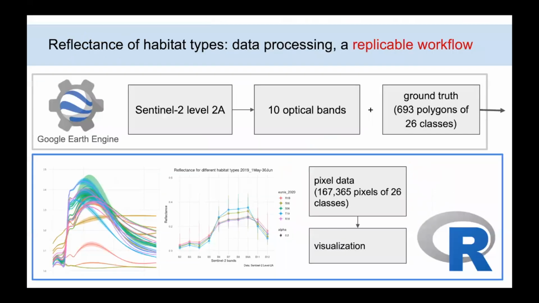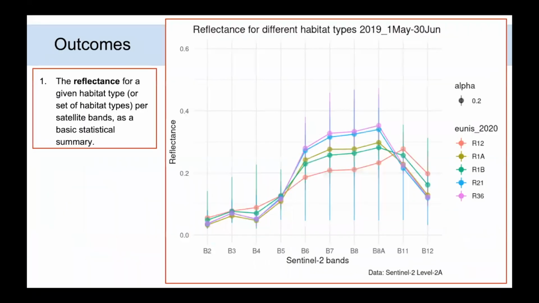So the resulting workflow combined two different tools. The first is Google Earth Engine for obtaining and preparing satellite data, and the second is R for extraction of pixel data and visualizations.